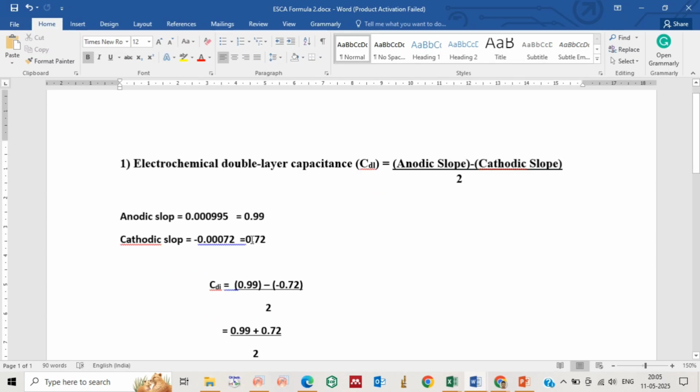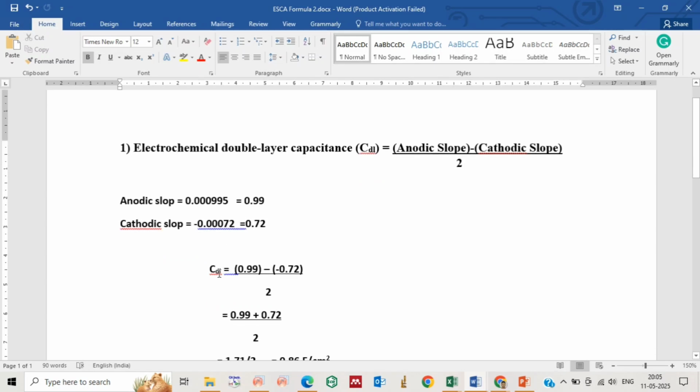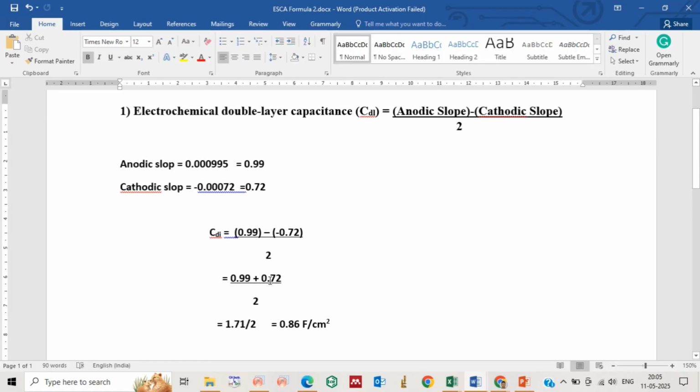It is supposed to be minus 0.72, so by mistake I have written it as 0.72. Now put it in the formula and we will get the electrochemical double layer capacitance value, that is 0.886 farad per centimeter square.